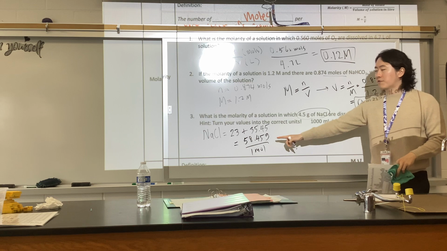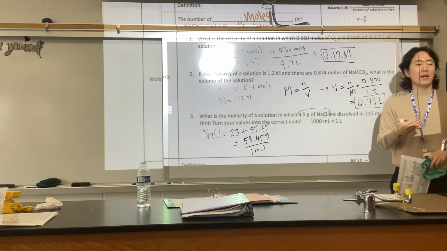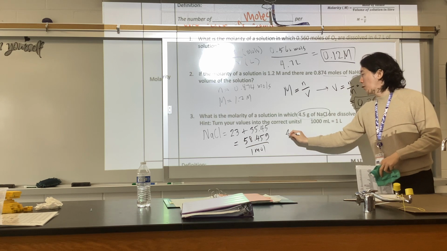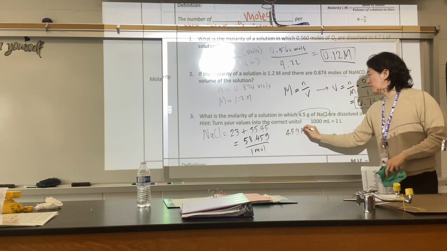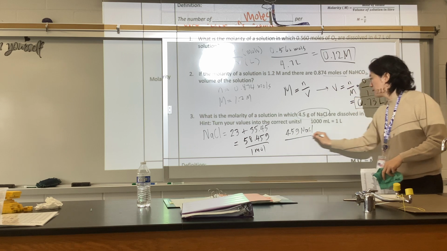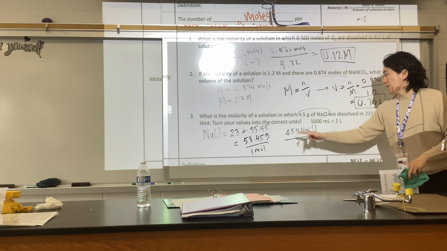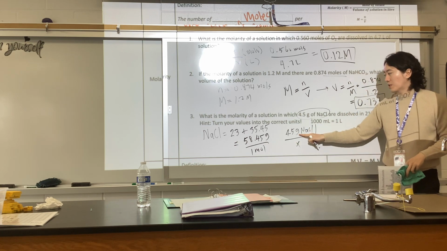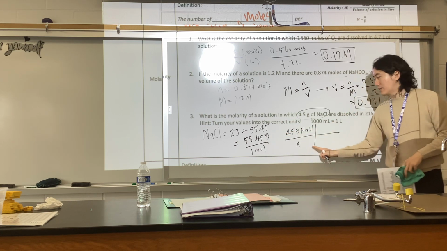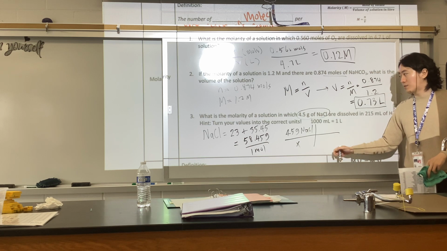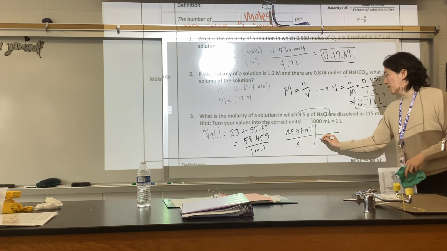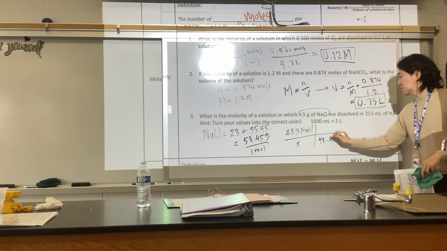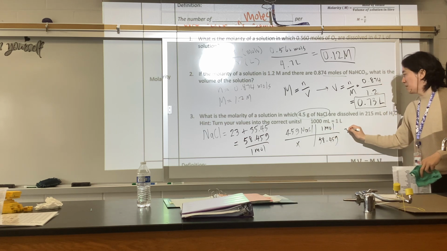So using that information, why don't we go ahead and convert grams to moles, all right? So that's 4.5 grams of NaCl. Let's go ahead and flip that upside down because why? I have grams here, which means I want grams down here, right? So that is 58.45 grams is then 1 mole of it.